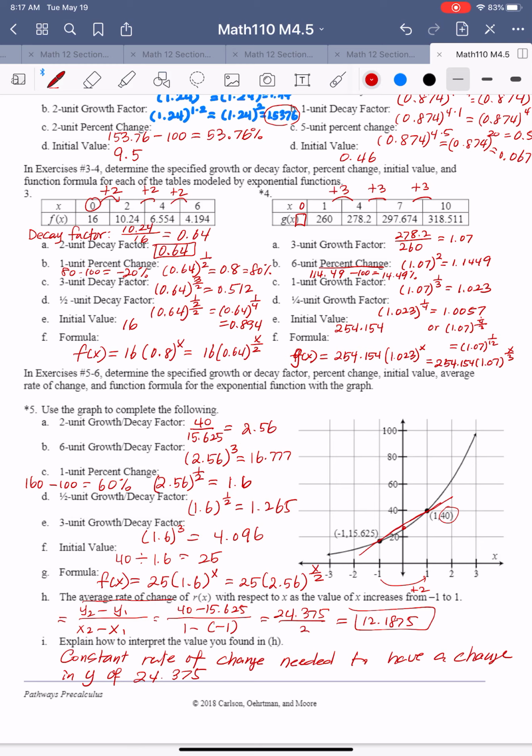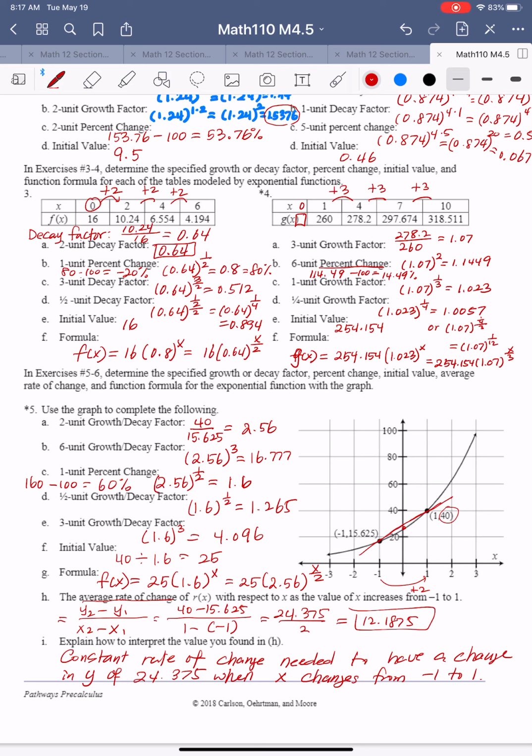Let me check again: 40 minus 15.625, yes, 24.375, when x changes from -1 to 1. All right, so that's all for number 5.